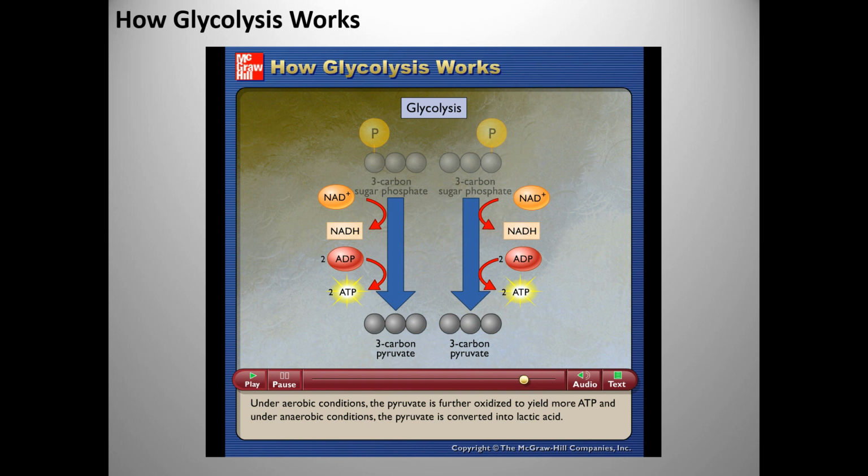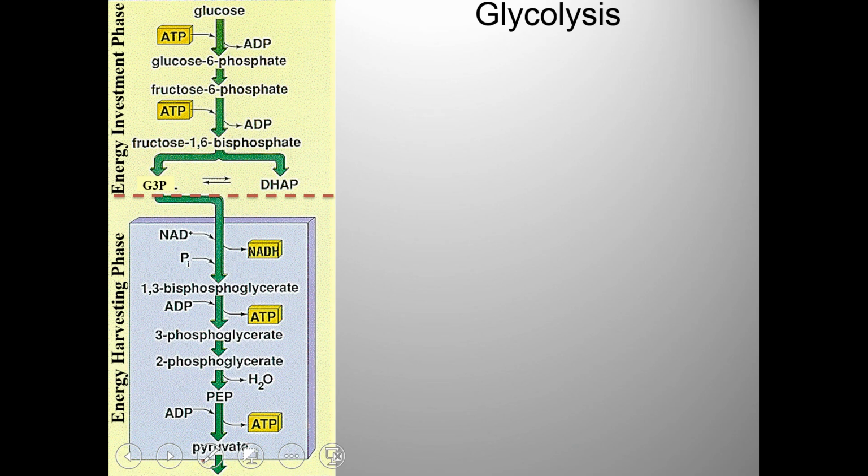Under aerobic conditions, the pyruvate is further oxidized to yield more ATP, and under anaerobic conditions, the pyruvate is converted into lactic acid. All right, so looking at this process of glycolysis, we have an energy investment and an energy harvesting phase.